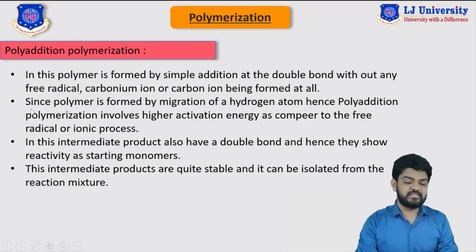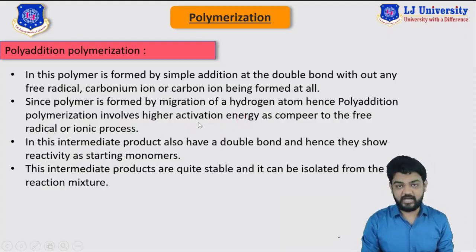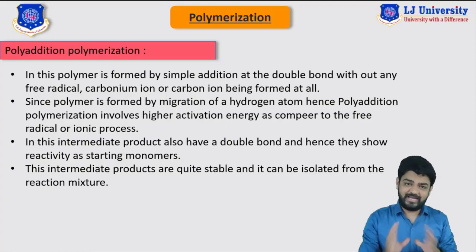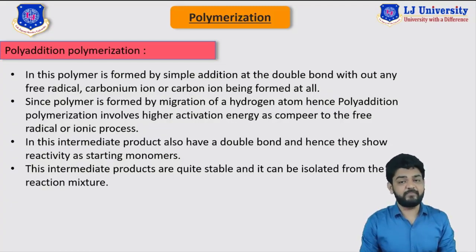Since you can see here, since the polymer is formed by migration of hydrogen atom, hence the polyaddition polymerization involves higher activation energy compared to other, that is free radical polymerization or ionic process, right? So you can see that it is very clear that in this particular method we are migrating one atom from one monomer to another monomer.